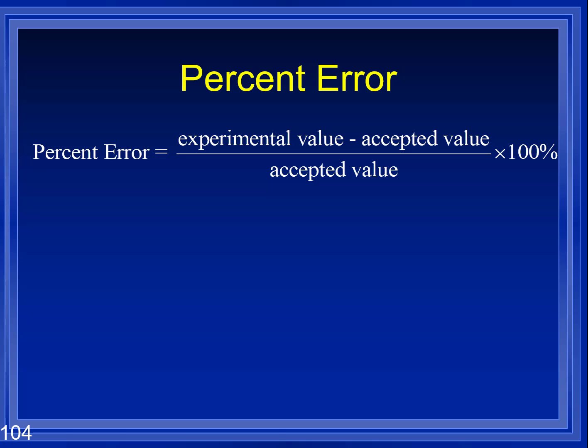So percent error is the experimental value minus the accepted value, divided by the accepted value, times 100%. Hey, look, we got subtraction, division, and multiplication all in the same problem.